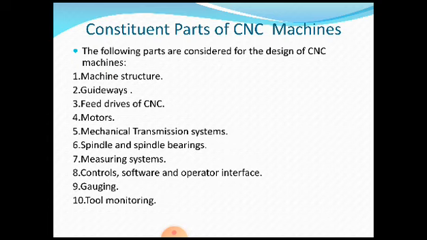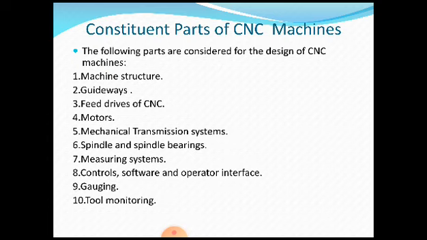Whenever we speak about a CNC machine, we generally call it a CNC milling machine, CNC turning machine, CNC drilling machine, like that. So when these machines are designed, they should have these 10 important components incorporated in general, let it be used for any purpose of application.